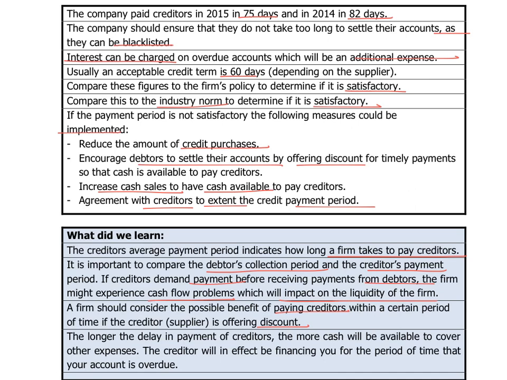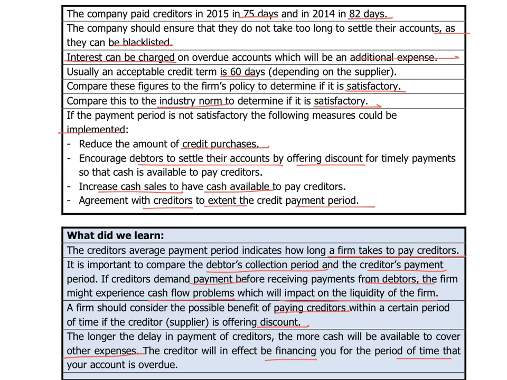The longer the delay in payment of creditors, the more cash will be available to cover your other expenses. So actually the creditor is financing you for the period that you owe the money to the creditor.